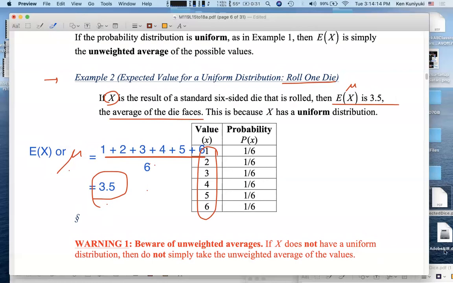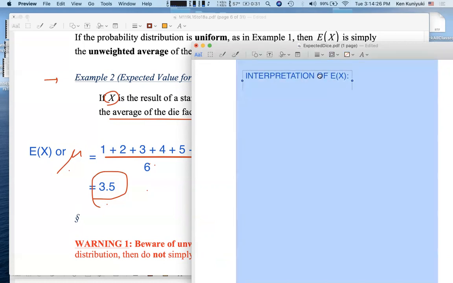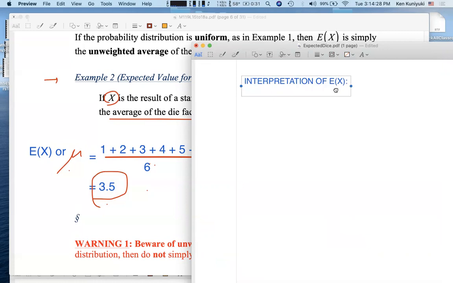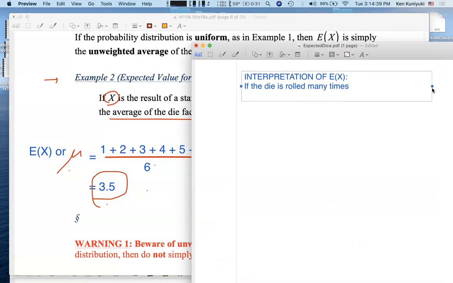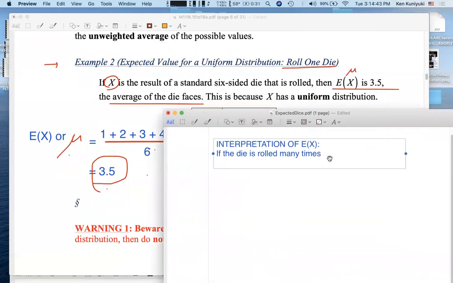So here's the interpretation. Here is the interpretation of E of X, the expected value of X. The interpretation is that if the die is rolled many times, like let's say 1,000,000 times, you have no life, you take this die, you roll it 1,000,000 times. Okay, maybe you're a total gambling addict.